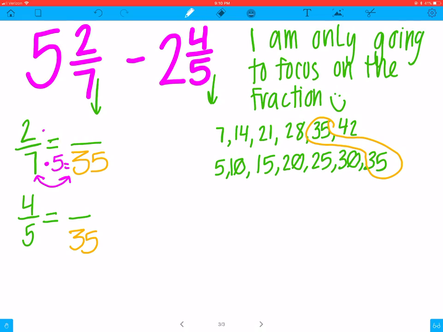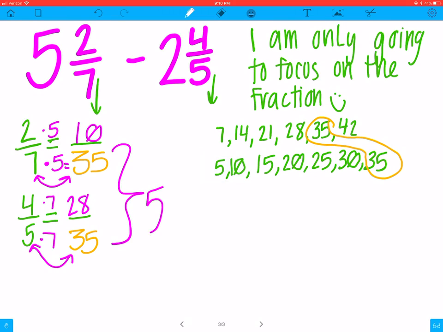So 7 multiplied by 5 equals 35. 2 multiplied by 5 equals 10. 5 multiplied by 7 is 35. 7 multiplied by 4 is 28. So I can rewrite this as 5 and 10/35 minus 2 and 28/35.